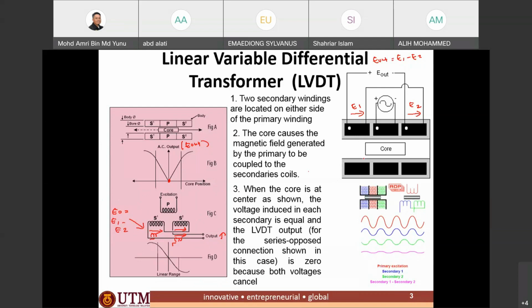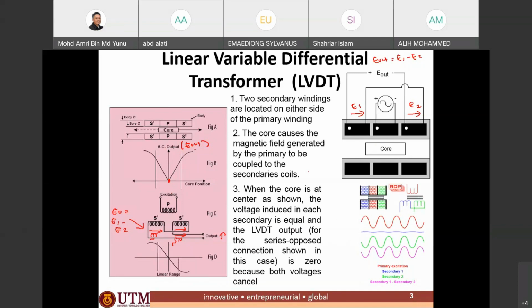So when the core is at the center, the amount of electromagnetic flux that couples to the first part and the second part of the secondary is equal. Therefore, the output is equivalent to 0. The output here represents the amplitude of the AC output.